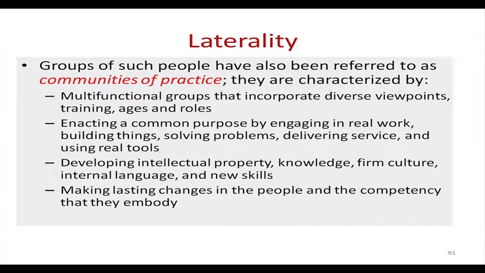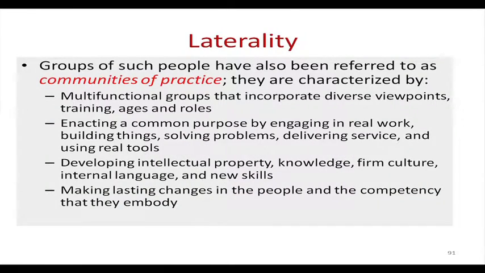Now, if you look at the various characteristics of these communities of practices, the people who form the community, or who are a part of the group, actually have divergent viewpoints, right. The training, the background, the role which they are performing in the organization may be different, because somebody is in marketing, somebody is in finance, somebody is in production, somebody is in sales, somebody is in R&D.